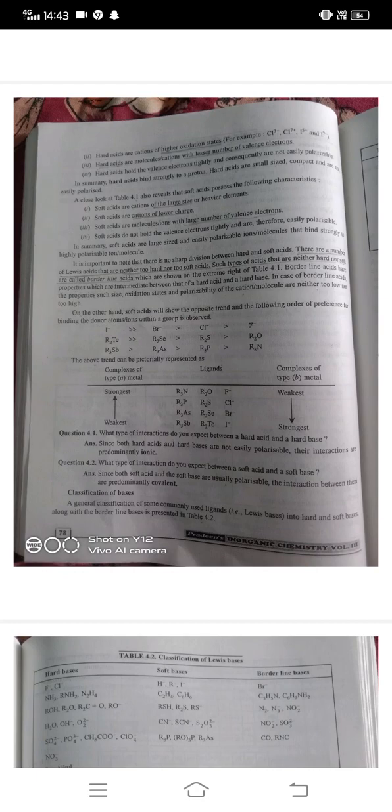It is important to note that there is no sharp division between hard and soft acids. There are a number of Lewis acids that are neither too hard nor too soft. Such acids that are neither hard nor soft are called borderline acids. Borderline acids have properties which are intermediate between those of a hard acid and a soft acid. In the case of borderline acids, properties such as size, oxidation state, and polarizability of the cations or molecules are neither too low nor too high.